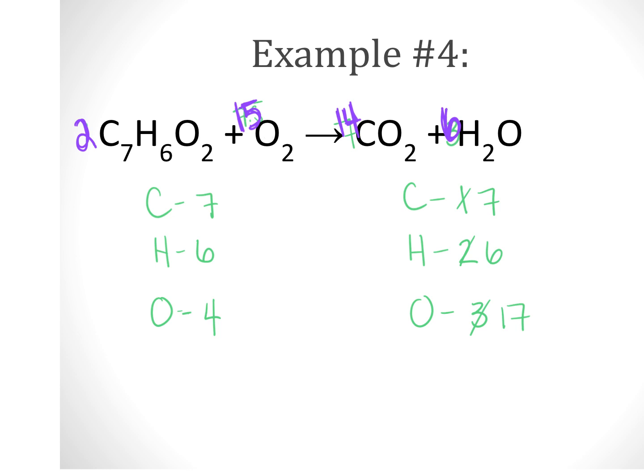Okay, 30. So how many total oxygens on the left side? Okay, 34 total. And then on the right side, we have 14 times 2, which is 28, and 6 distributes. What's 28 plus 6? 34. Are we balanced? Good. Okay, and are these coefficients all in the lowest whole number ratio?